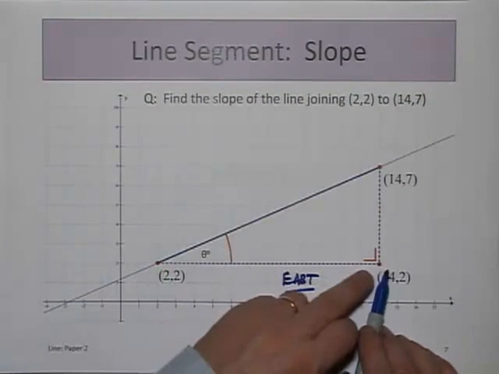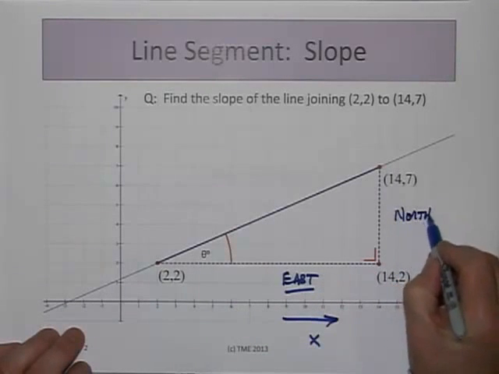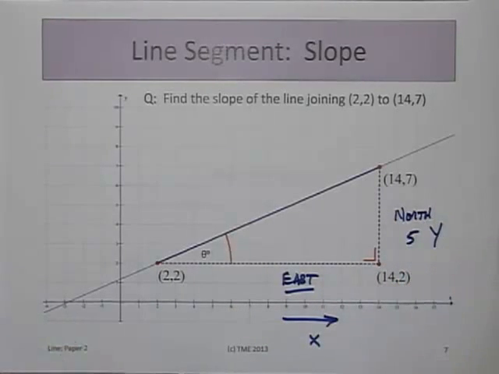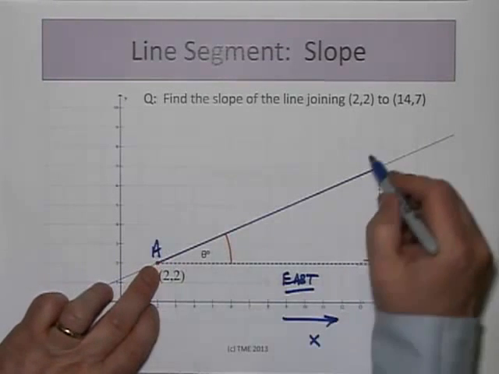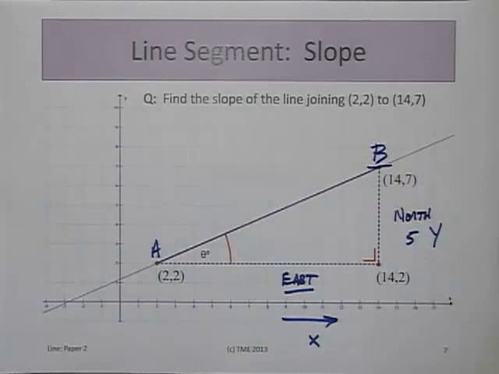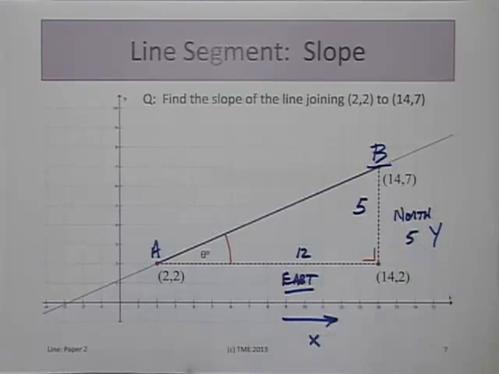So you go along here 14 and then you go up. The up here is north and we're looking at 5, and that's in the y direction. So effectively, if somebody says, I'm at A, how do I get to B's house? If you're at A, go 12 east and go 5 north.